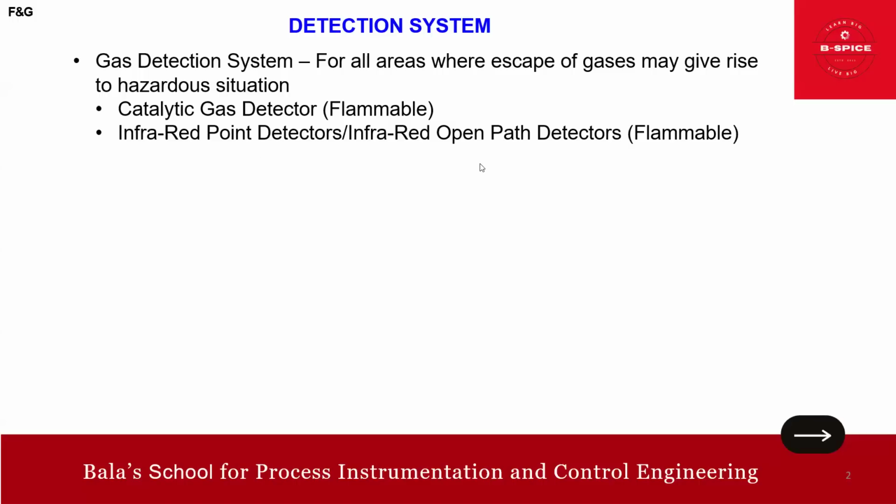When we talk about open path IR detectors, the feature is an extended absorption path. The point detector has a fixed absorption path, whereas here it is extended, up to 200 meters, while the point detector is only a few inches.